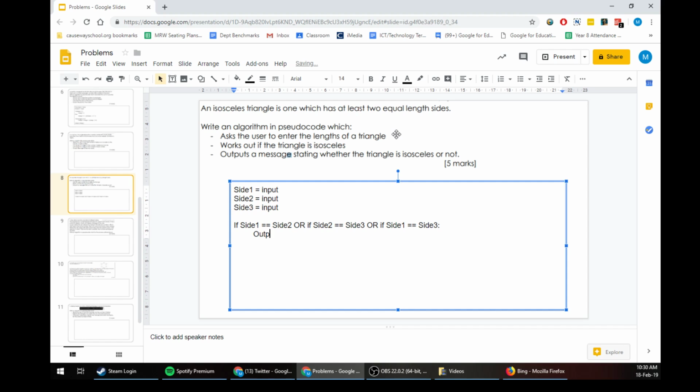We are going to output triangle is isosceles. It's as simple as that. We've taken our inputs, we're doing our comparisons, and then outputting whether the triangle is isosceles or not.